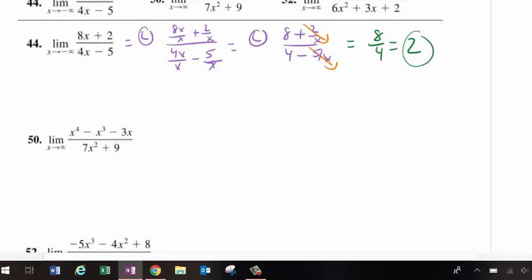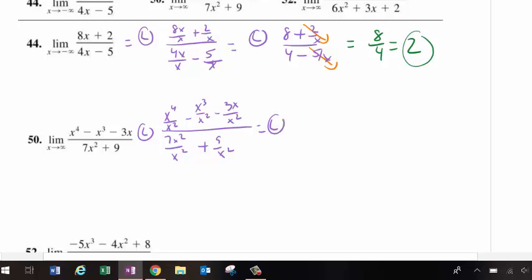Same idea for number 50. We're going to start off. In this case, we're going to divide by the highest exponent, which is x squared. So x to the 4th over x squared, x cubed over x squared, 3x over x squared. Same thing in the denominator. Anything that's left that we can use the rule on, those go to 0.